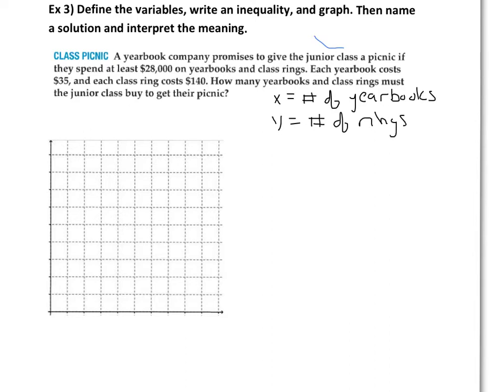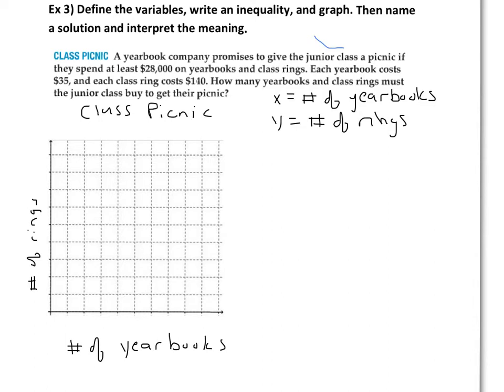While I'm doing that, I'm going to go ahead down here and put number of yearbooks, and over here, number of rings. And then of course at the top, class picnic, or whatever you want to put there, but give it some sort of title.